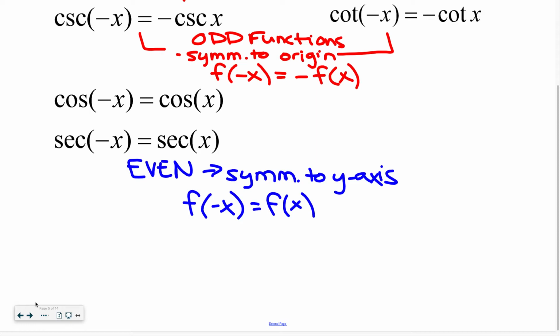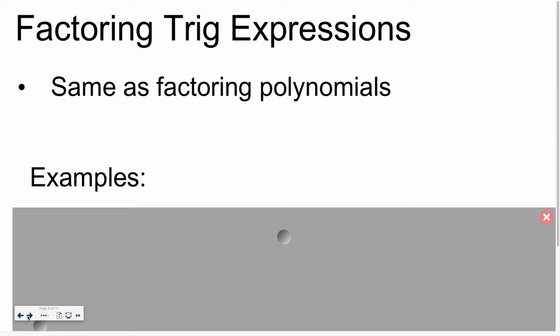Okay, we'll get to using our trig identities here in a little bit. Before we do that, I have a few other things to do. One of them is factoring a trig expression. Because this is going to be one of the things we can try when we're trying to go from one expression to another, just like when we're changing one word to a brand new word. Okay, here's the thing.